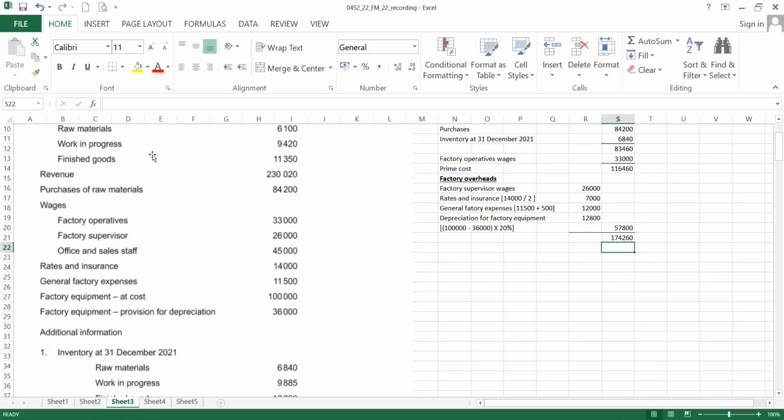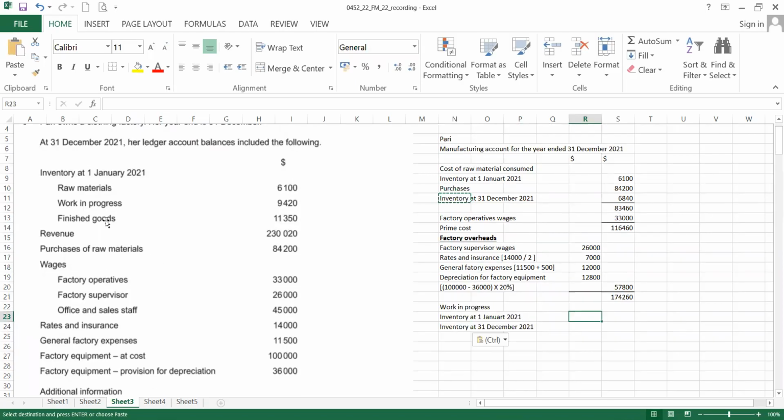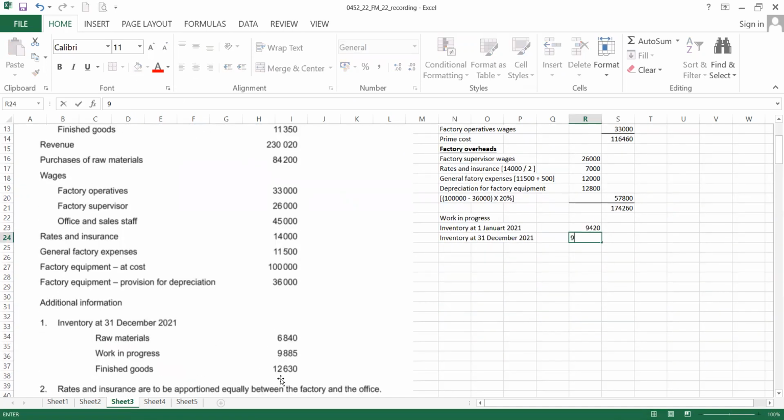After that, I have work in progress. So opening and closing. Opening is 9420. Closing is 9885. So take opening minus closing.